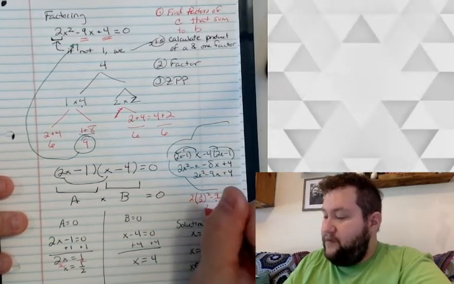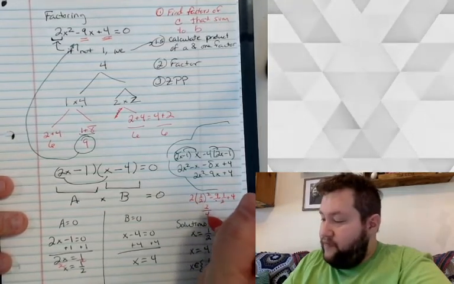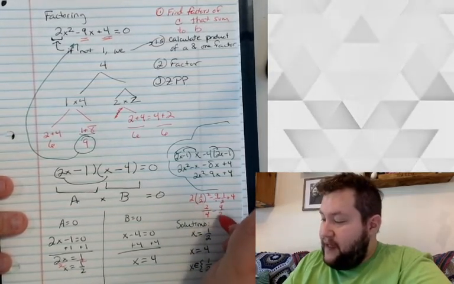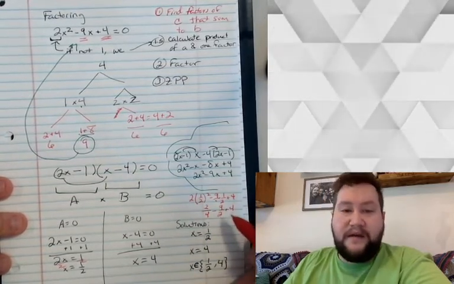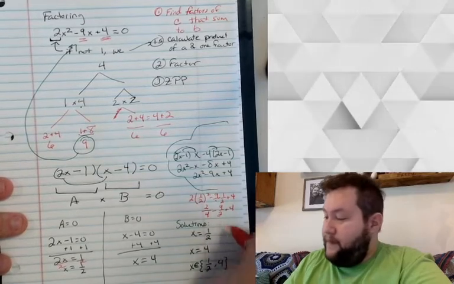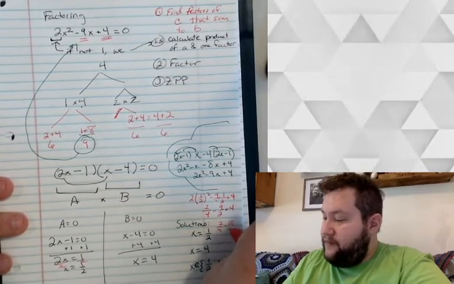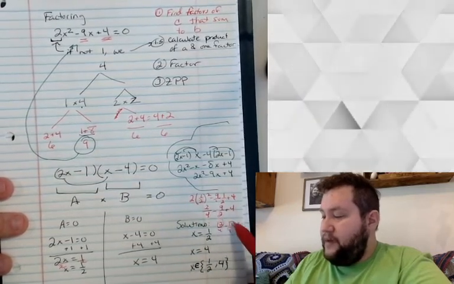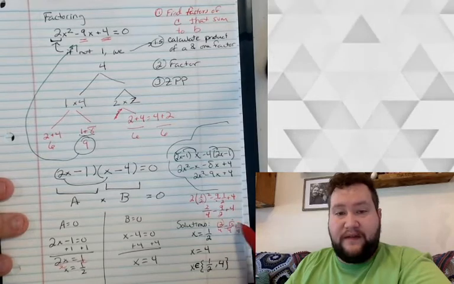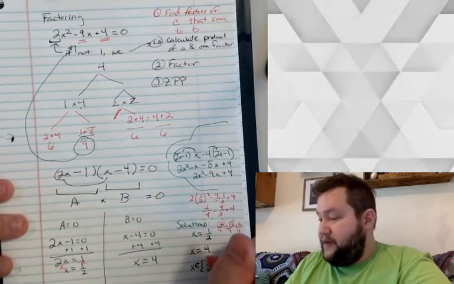So we have 2 times a half squared, which is 1/4, so 2/4 minus 9/2 plus 4. So let's get a common denominator of 4. So we have 2 over 4 minus 18 over 4 plus 16 over 4. Well, 2 minus 18 is negative 16, plus 16 is 0. So that one definitely worked.